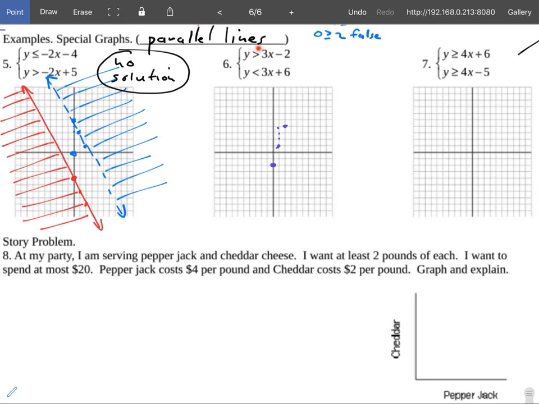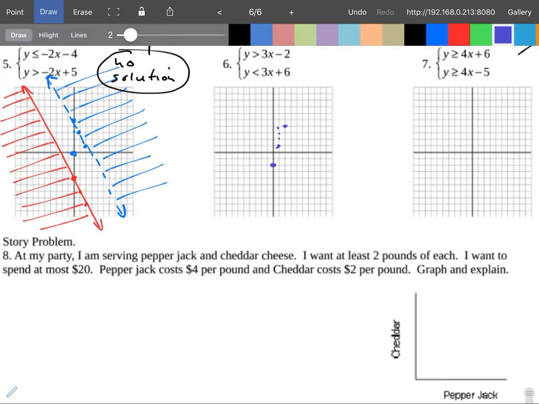All right, so we're going to graph that line. Again, make sure that you note that this one would be dotted. So it would look something like this. Now that one's pretty close to 0, 0, but I think you can see 0, 0 is to the left of it. So I'm still going to test 0, 0.